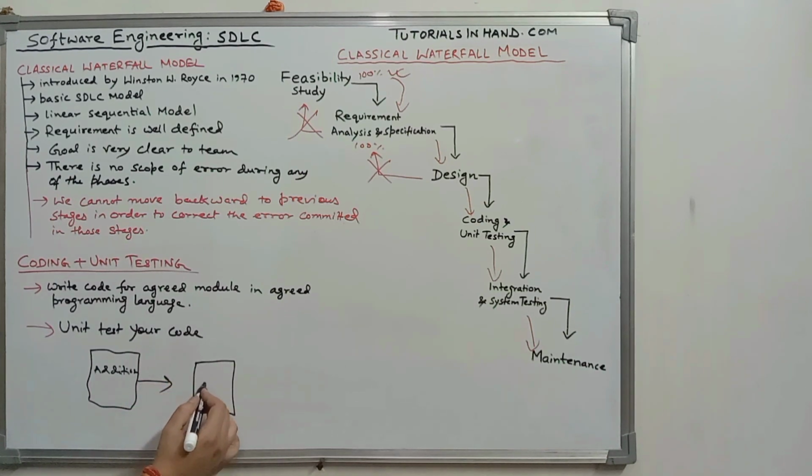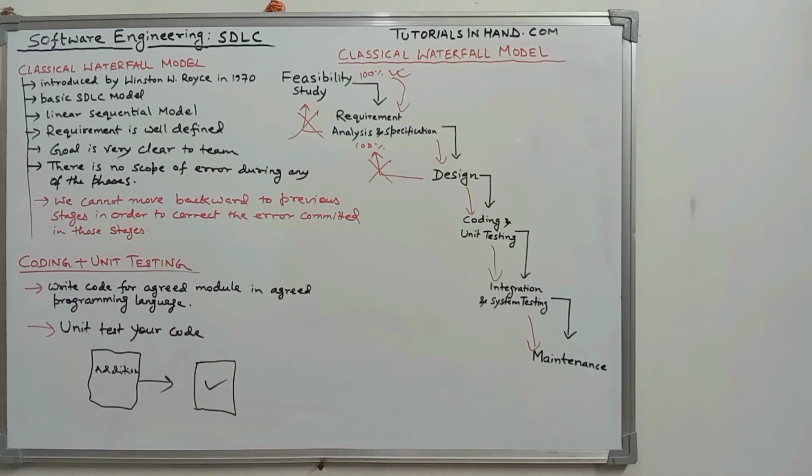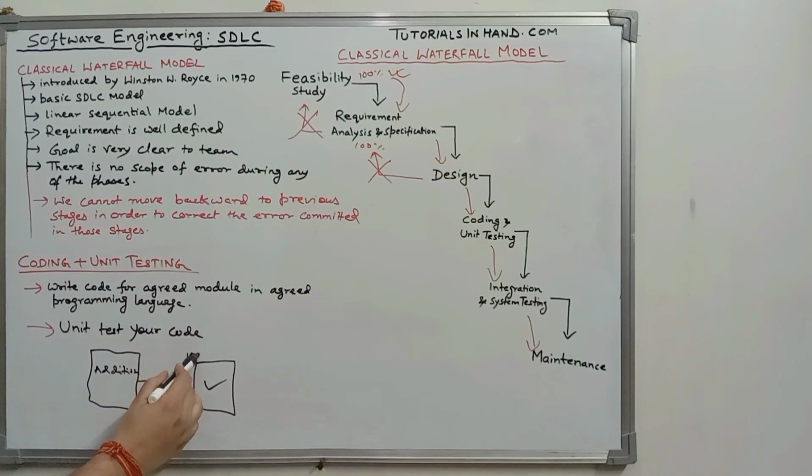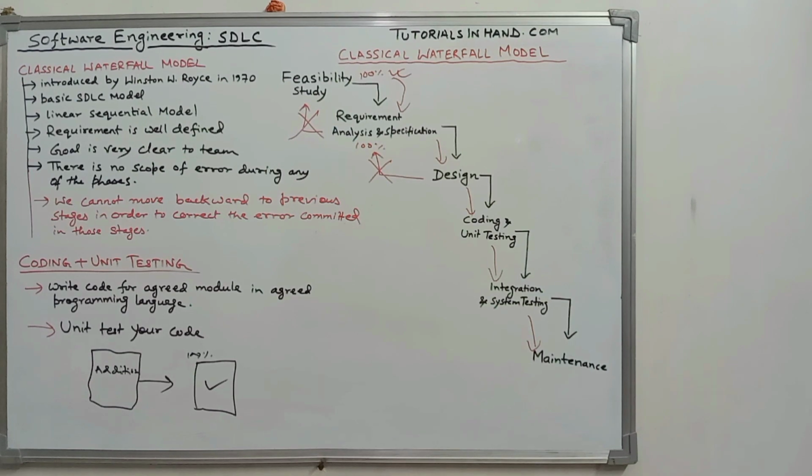Once you find that you are getting the desired result when your module is called with the test parameters, then you are 100% sure that your unit testing is working fine, and you go ahead to integration testing.